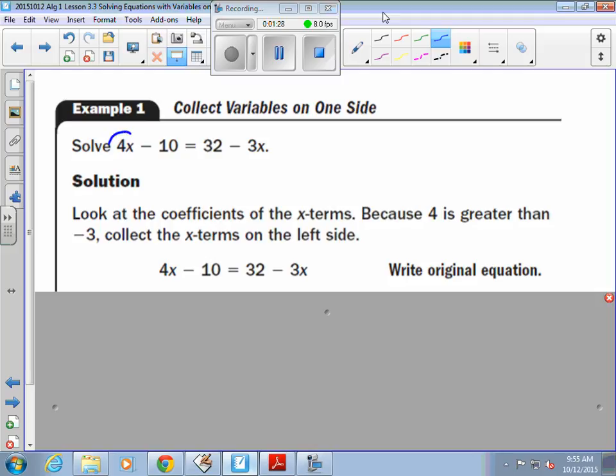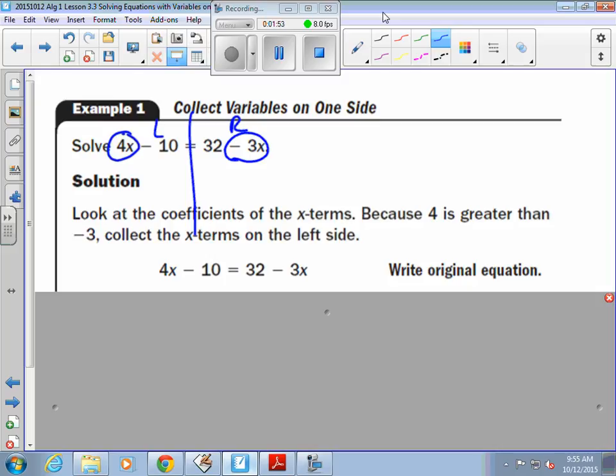In this case, you have 4x on the left, and negative 3x on the right. Remember, the sign goes with it. Move the smaller one over to the larger one side. 4x is bigger than negative 3x, or negative 3x is smaller than 4x. So bring that smaller negative 3x over. Negative 3x is the same thing as minus 3x.